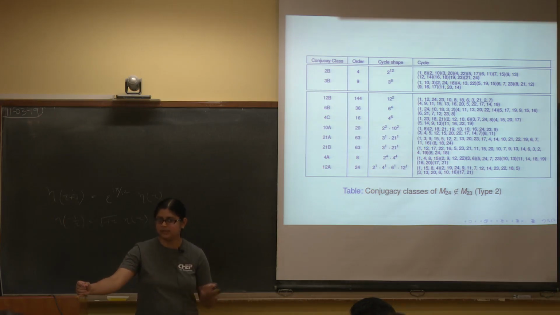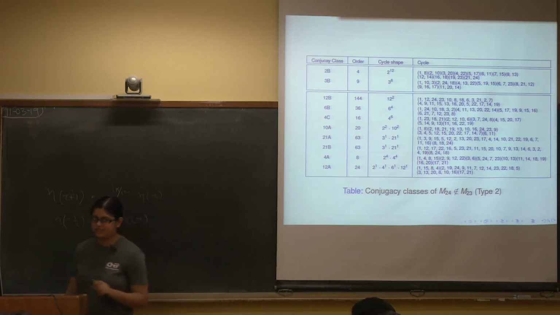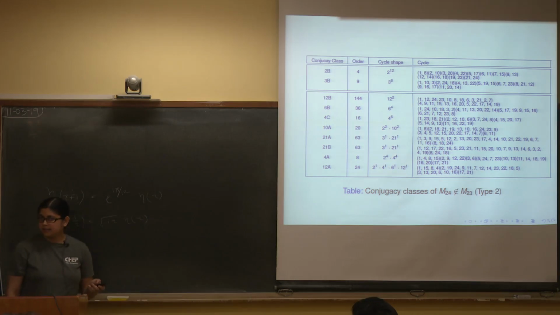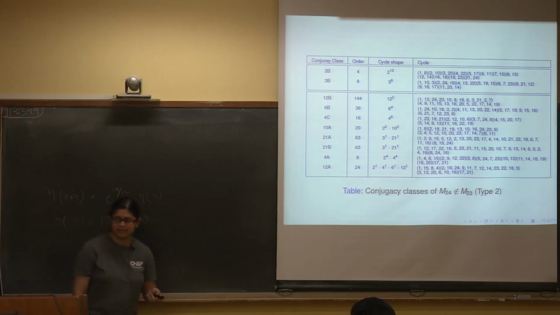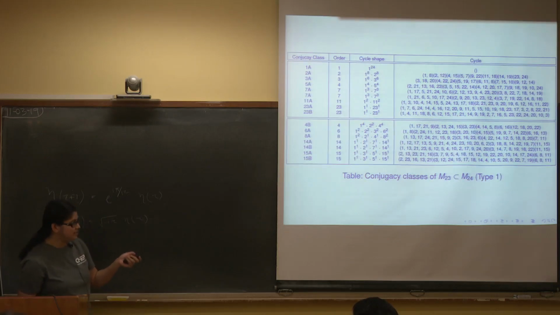M24 is similar to that only, but it's very difficult to describe the group. It's a huge definition actually. And it's not a cyclic group like that. It might be something similar to the alternating type. I'm not that sure. But we have mostly studied these two and the rest of the M23.